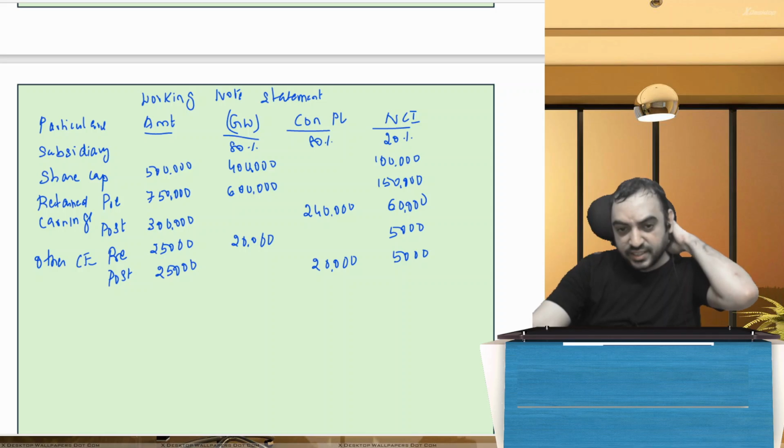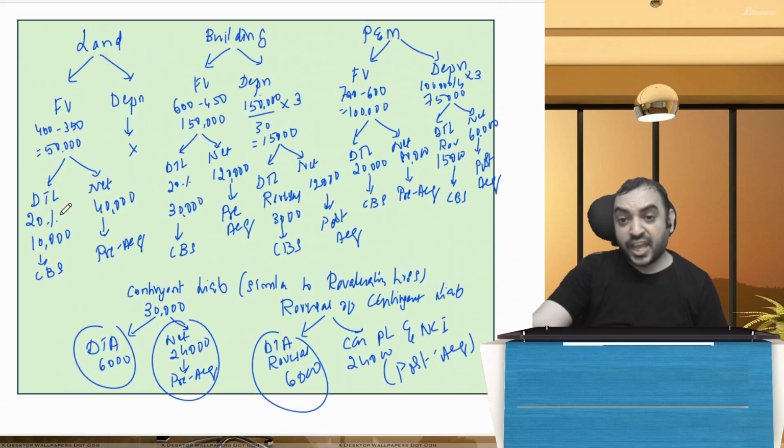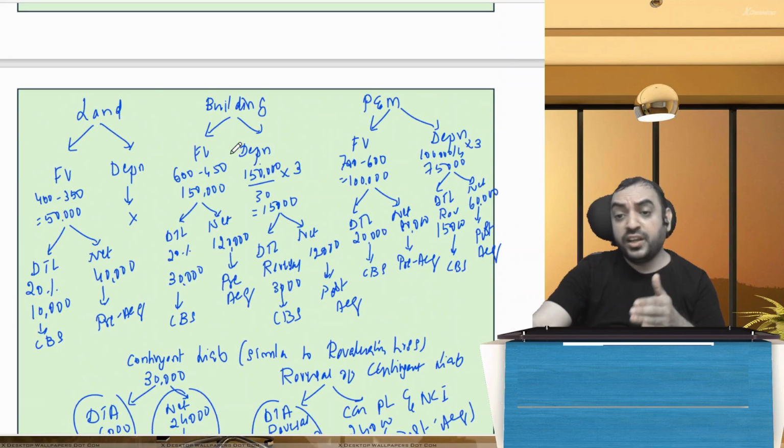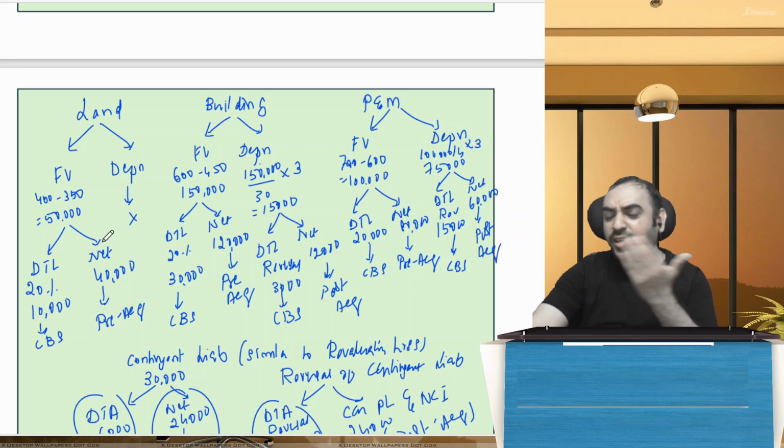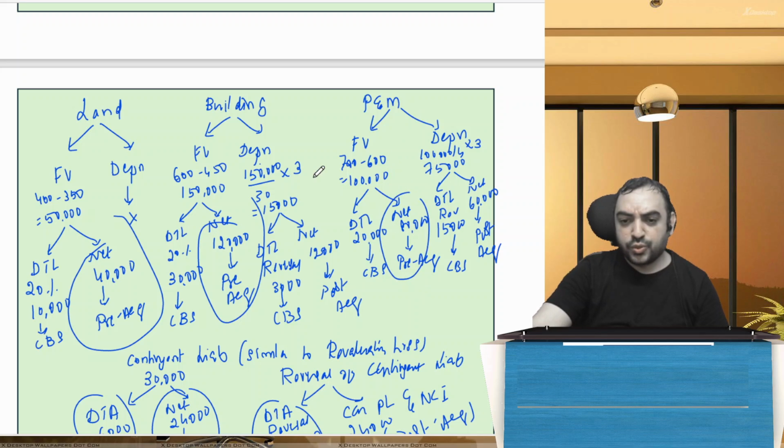So that is done. Then coming to fair value adjustments, fair value gain. We have fair value land, fair value building, fair value plant and machinery, on a net basis. Either you can do one by one or I can do the total. I think I can do the total, right? 40,000, 1,20,000, and plant and machinery net 80,000. So 2,40,000.